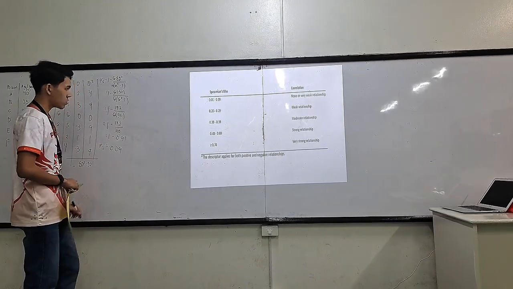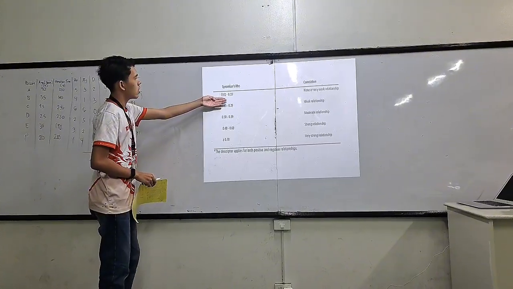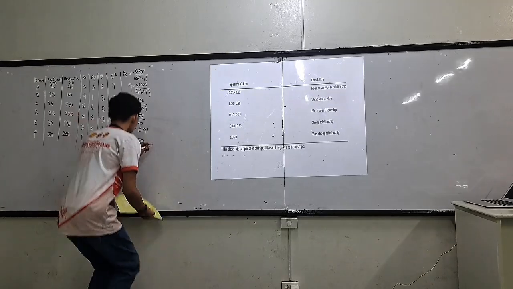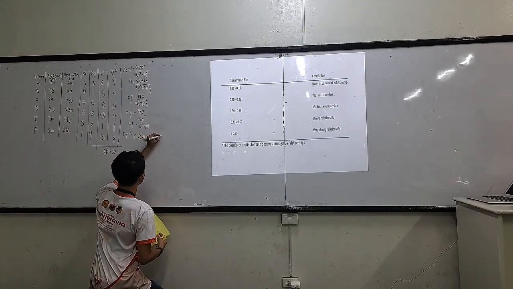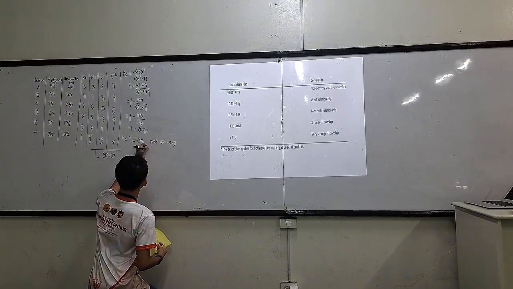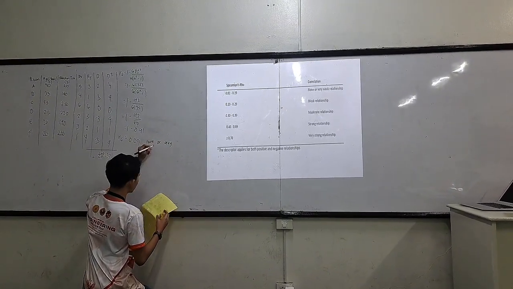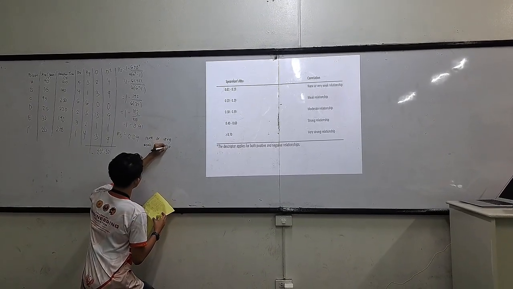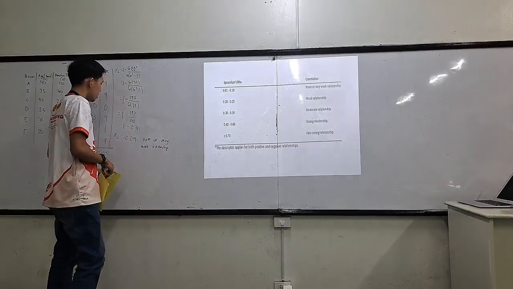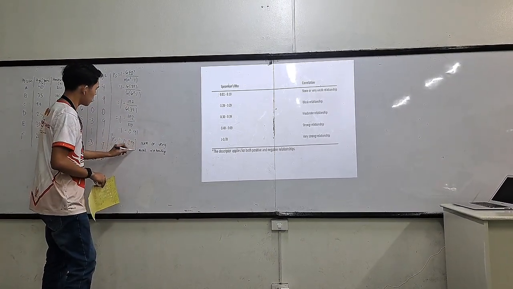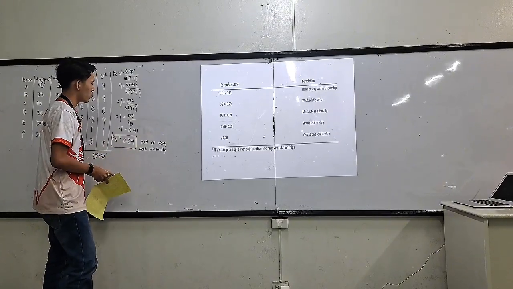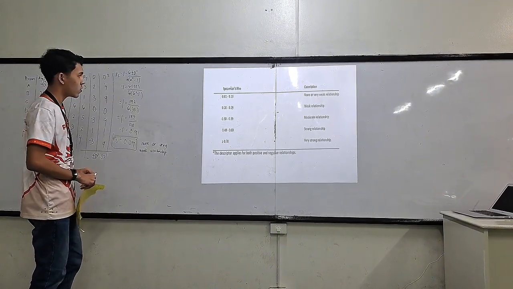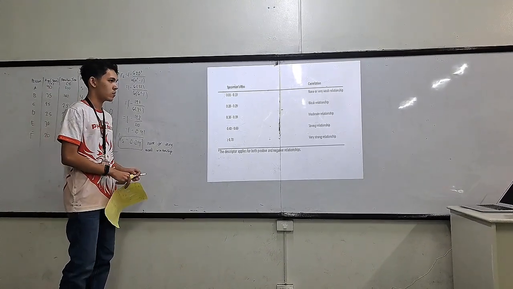So 0.09 will belong to this category, the negligible or no correlation. The interpretation will be no relationship, which means the age has no significant relationship to the reaction time of the person.